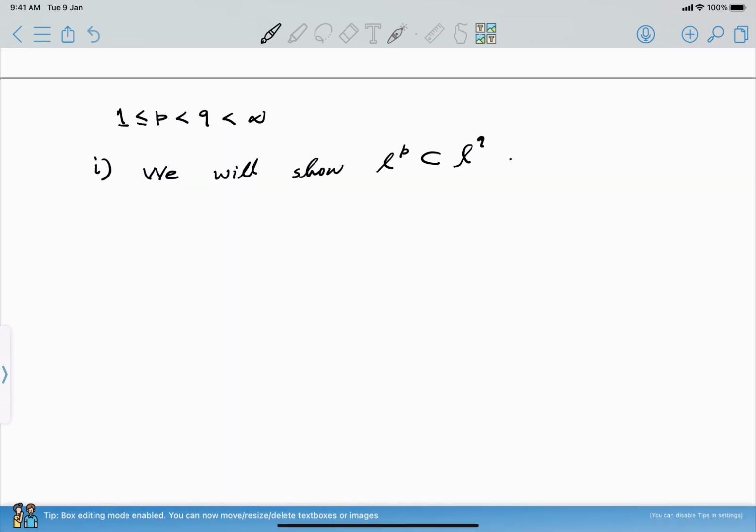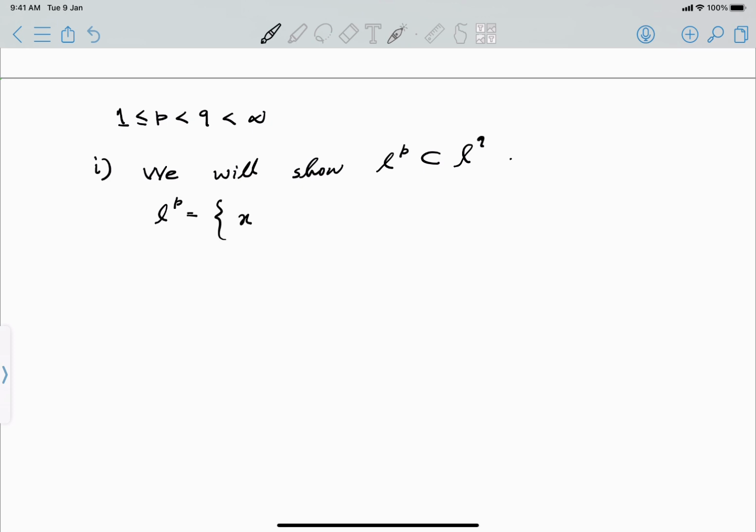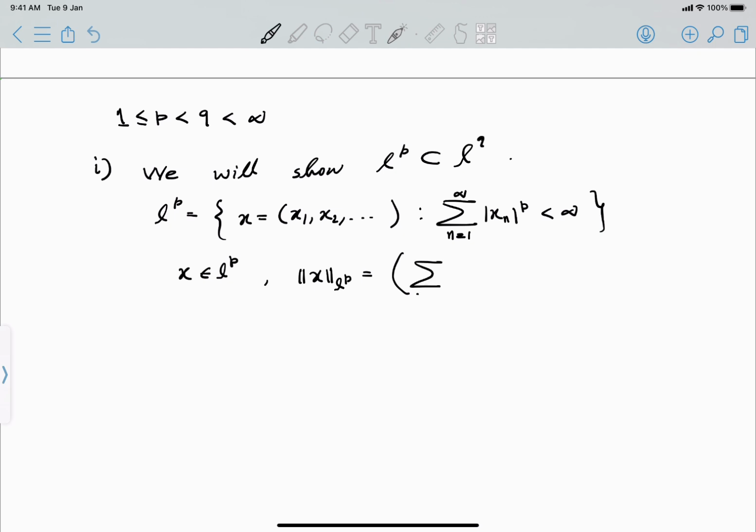What is ℓp? Let me write. ℓp is the sequence space such that the summation n equals 1 to infinity of |xn| to the power p is finite. And for any x in ℓp, the norm of x is defined to be the sum over n from 1 to infinity of |xn|^p, to the power 1 by p.